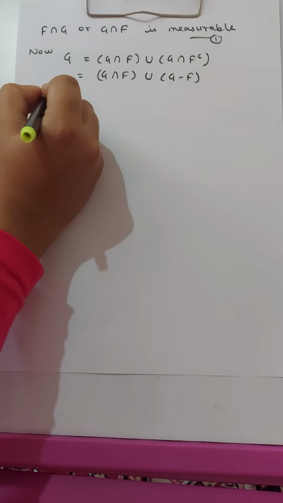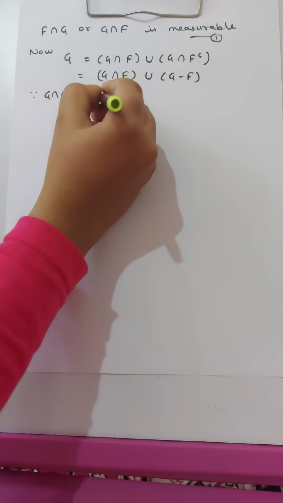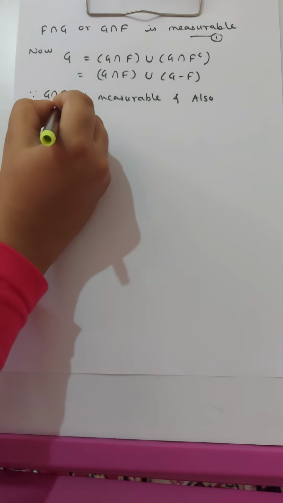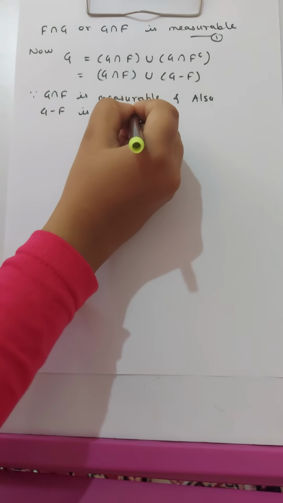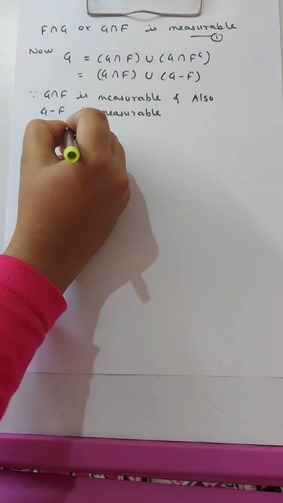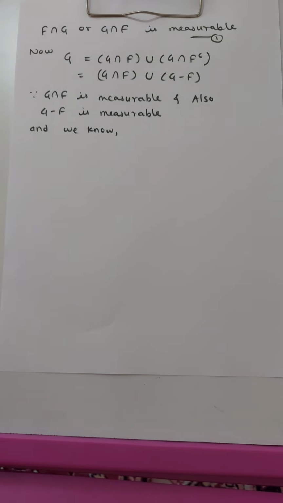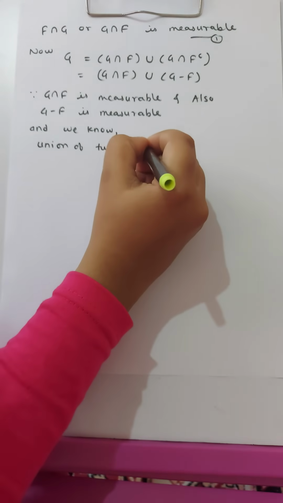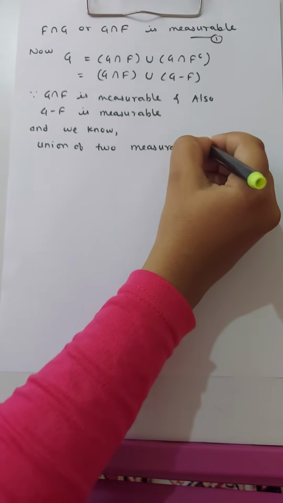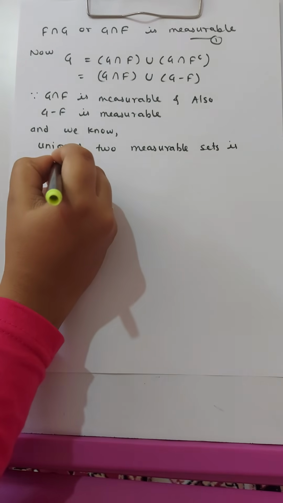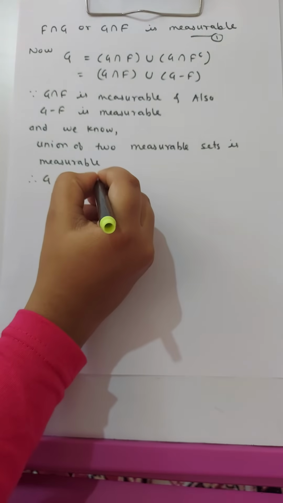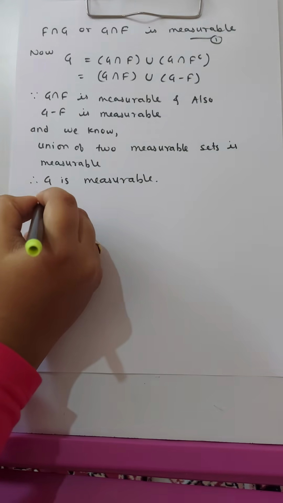Therefore, since G intersection F is measurable from 1, and also G minus F is measurable, and we know that the union of two measurable sets is measurable, and this G is the union of two measurable sets, that is G intersection F and G minus F. So therefore G is measurable, and hence the theorem is proved.